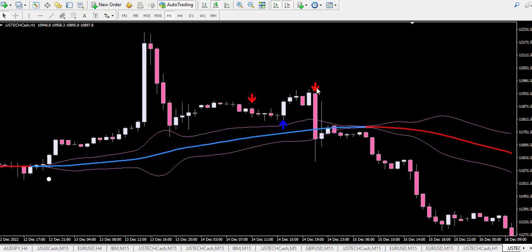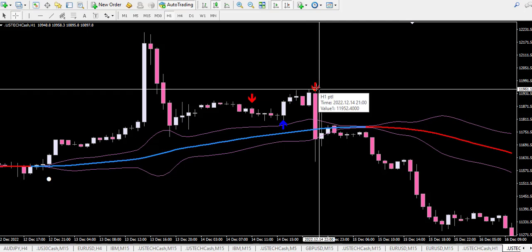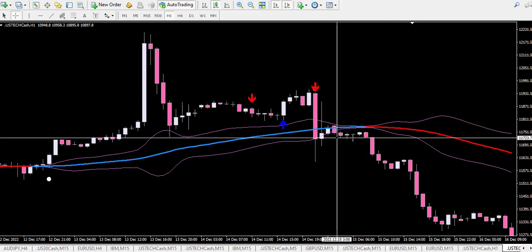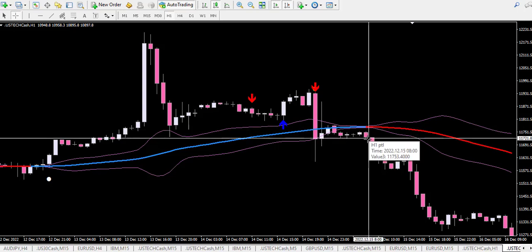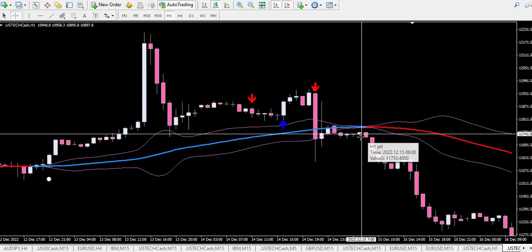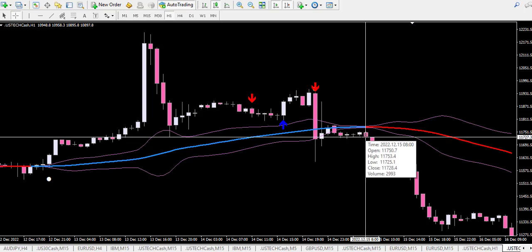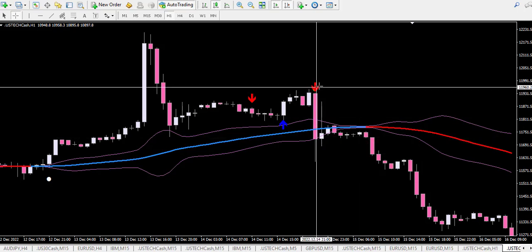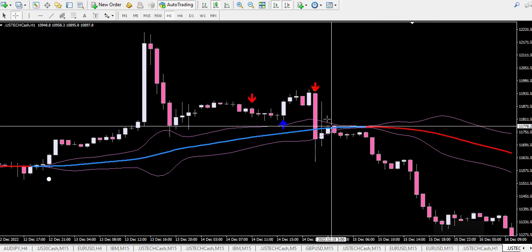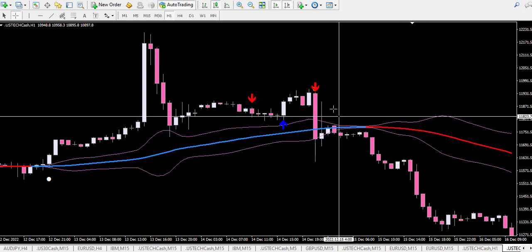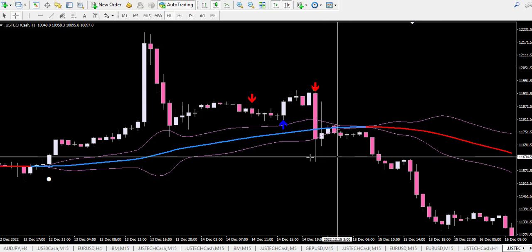We have the PTL indicator here also just behind this arrow, which gave us a sell signal, but the third indicator confirmed it at this particular point. So this is where we are going in, at the close of this candle. This is where we will place our trade, with stop loss a few pips above the previous high here. Then you ride the trend, or you use the take profit as I've described earlier.